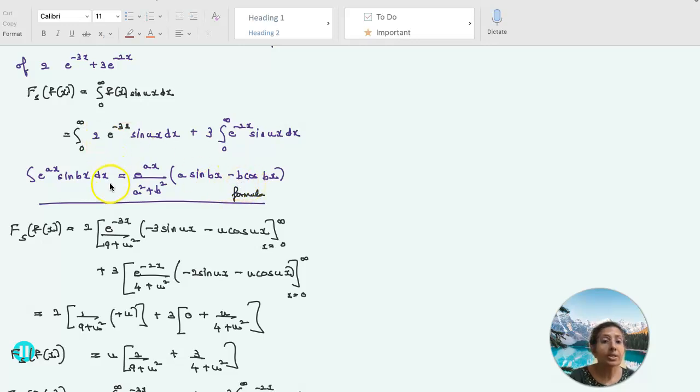So the Fourier sine transform becomes 2 e raised to minus 3x by (9 plus u squared), (minus 3 sine ux minus u cos ux), within the limits x equal to 0 to infinity, plus 3 times again the same thing, e raised to minus 2x by (4 plus u squared), (minus 2 sine ux minus u cos ux), again within the limits x equal to 0 to infinity. You're integrating with respect to x.